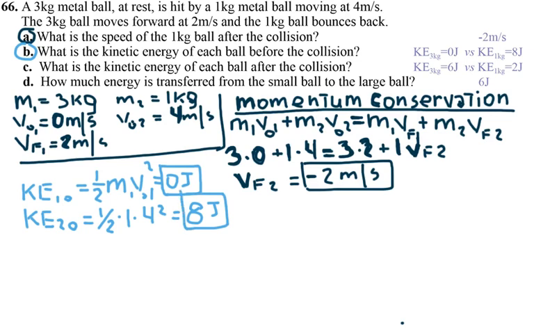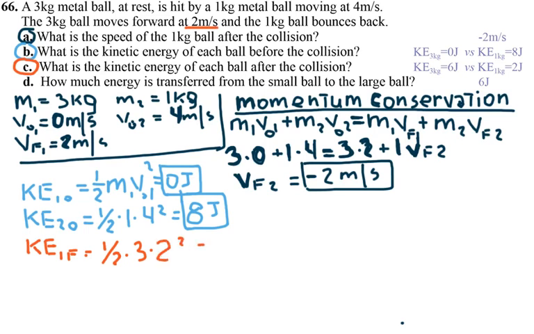Then for the next question, what is the kinetic energy after the collision of each? So C is going to be right. The kinetic energy of the first one, final, is 1/2 its mass and its velocity squared. Its new velocity is 2 meters per second.